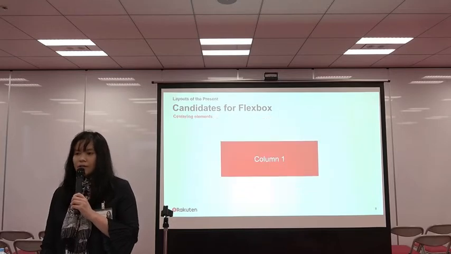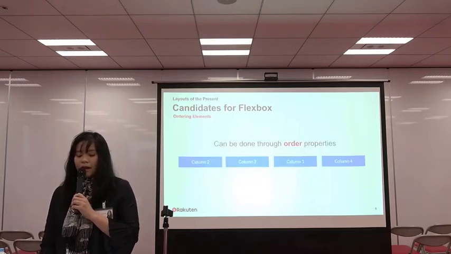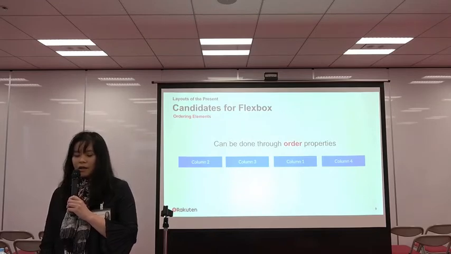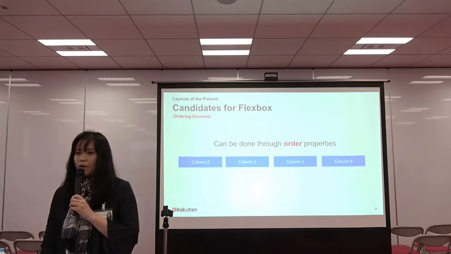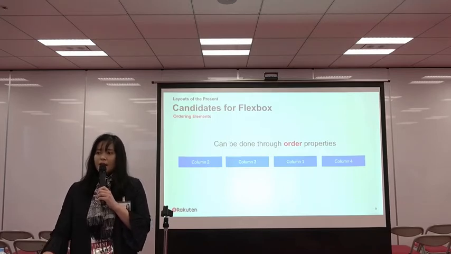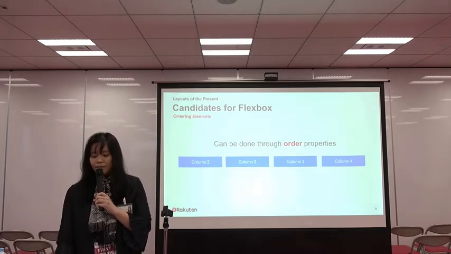You would use Flexbox if you want to center elements vertically and horizontally at the same time. And finally, the problem that I described earlier, where there's no easy way to order elements around with floats and inline block, that is not the case with Flexbox. You can always order elements using the order property in your CSS, making it easier for you to achieve that, and your layout is not particularly tied heavily to your source code.